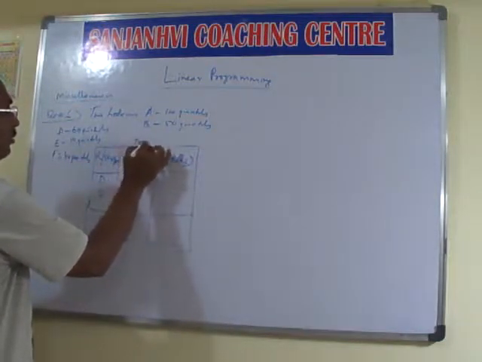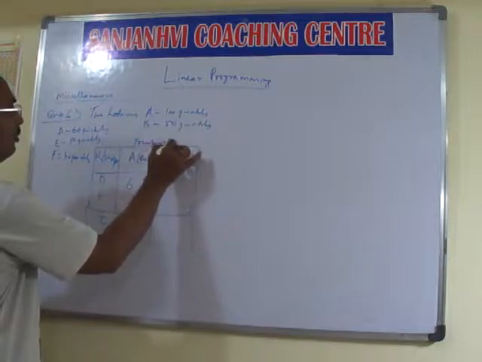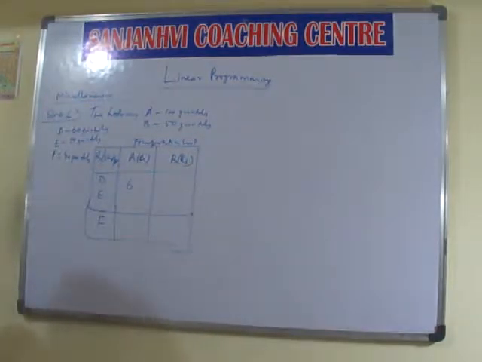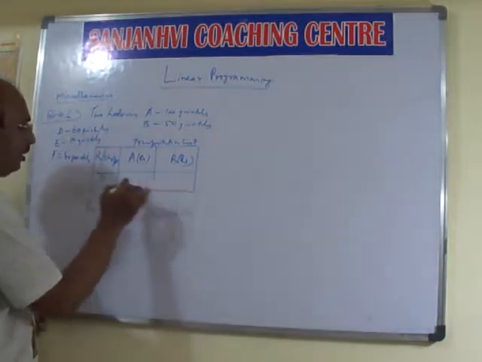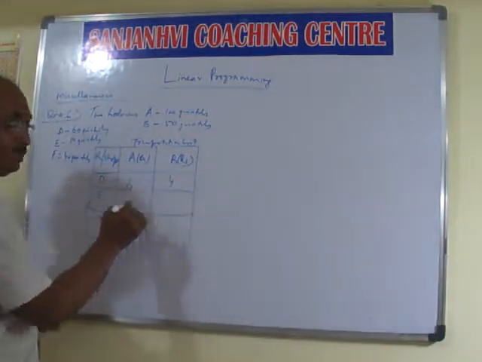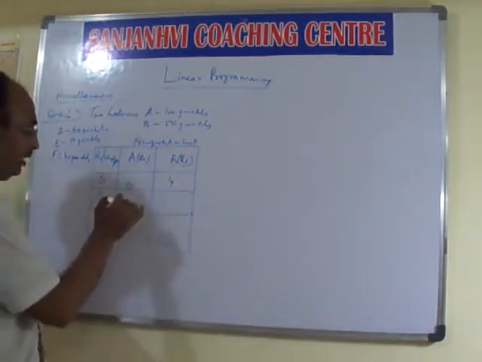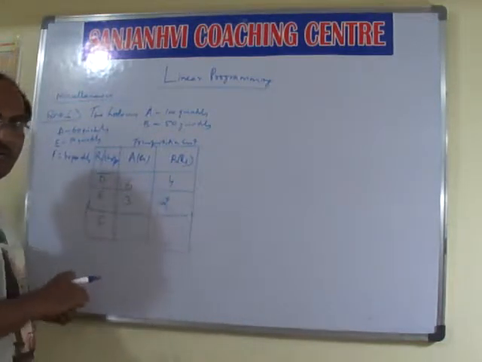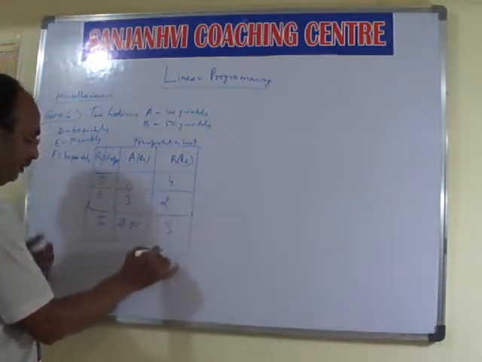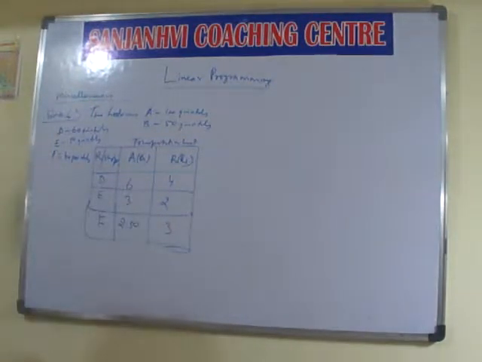From B, 4 rupees. Similarly, 2.5 and 3. 2 rupees 50 paise and 3. This is the transportation cost.